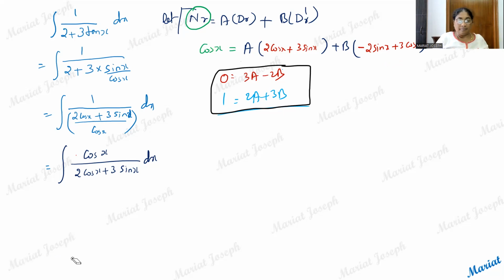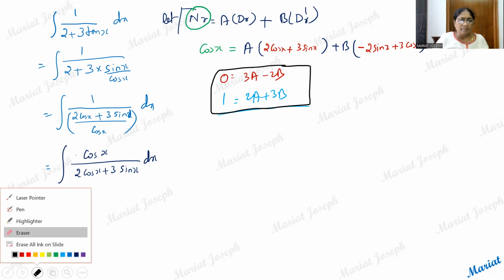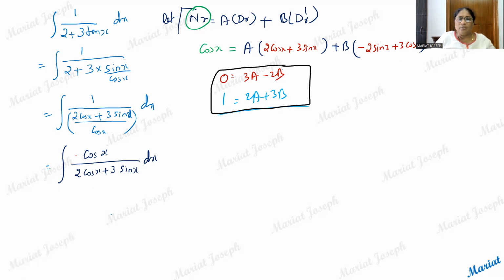We can take A equals 2B by 3. You want to eliminate, 3a is equal to 2b and all that. I think it's better you multiply by some number and make the coefficient the same.